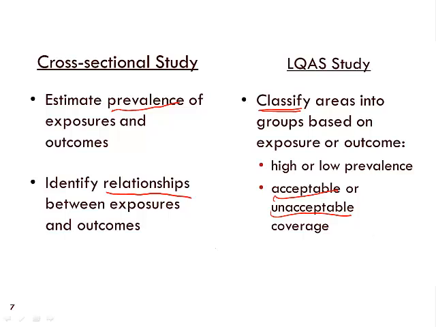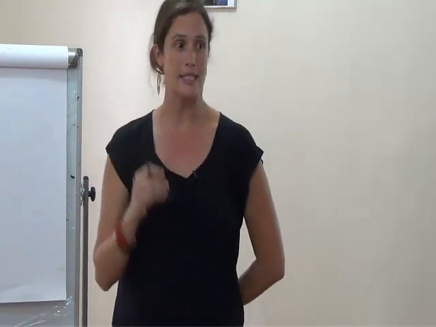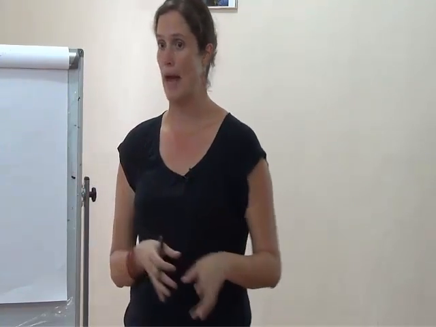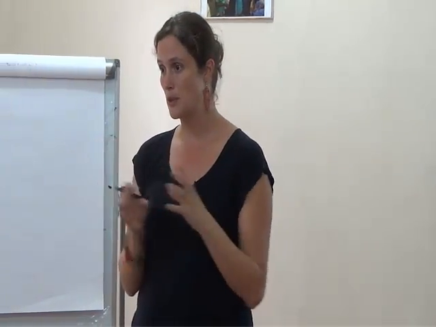So typically, what we call traditional cross-sectional studies, we think of them as an estimation procedure. I'm going to try and estimate the outcome or estimate the exposure or estimate the relationship between the outcome and the exposure. How LQAS is different is it is considered a classification procedure. I want to classify. I want to put things into groups. Is this area good or bad? Is this area high or low? Is this area acceptable or unacceptable?